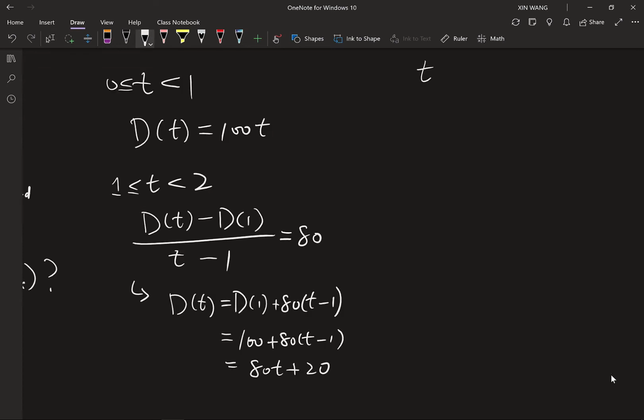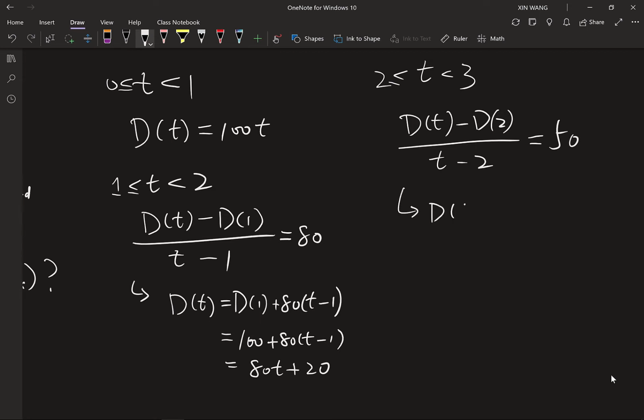When t is greater than 2 and smaller than 3, we have (d(t) minus d2) divided by (t minus 2) equals 50. So this gives us d(t) equals d2 plus 50(t minus 2).